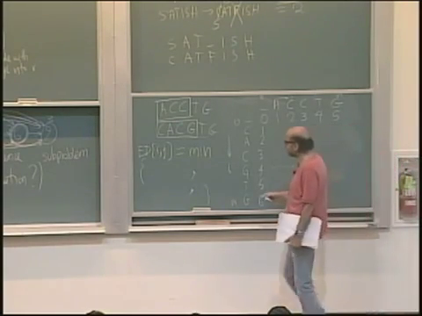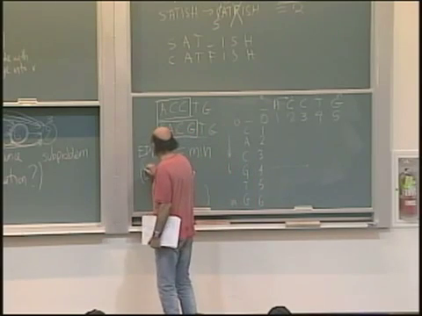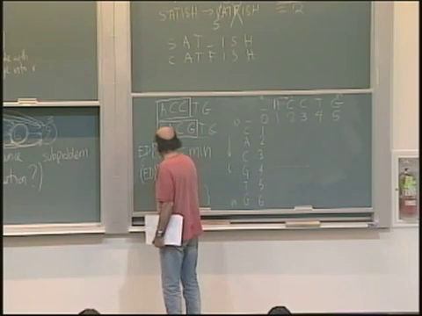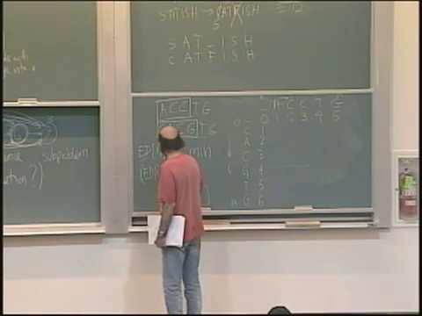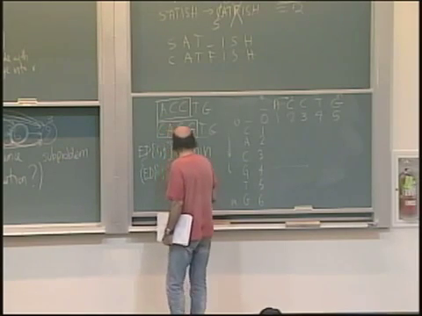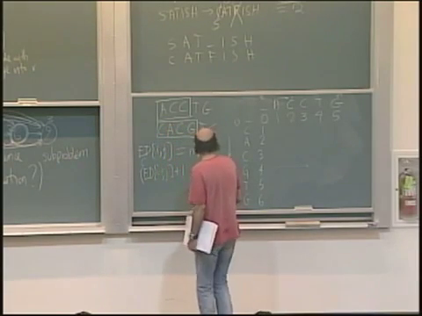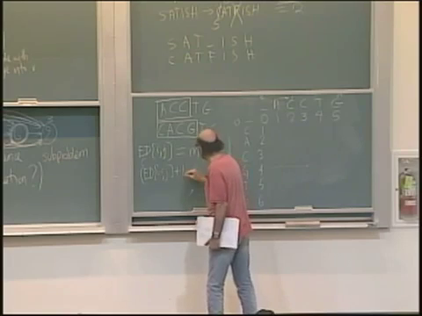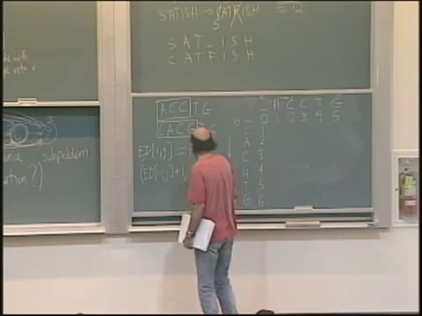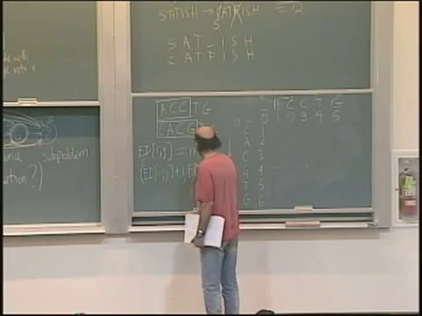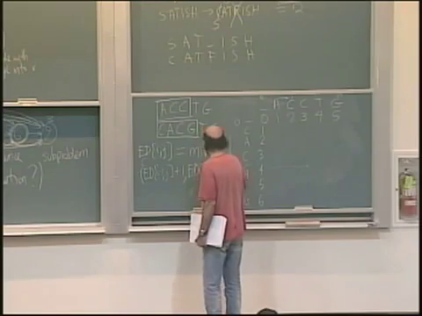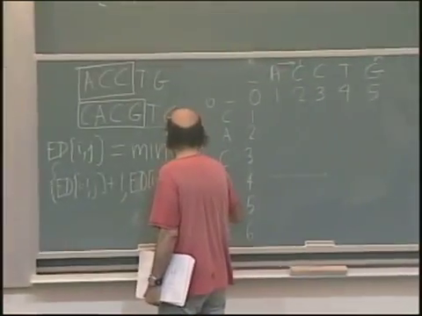And I say it's the minimum of three things. One is the edit distance of i minus 1, j, plus 1. The second one is the edit distance of i, j minus 1, plus 1.